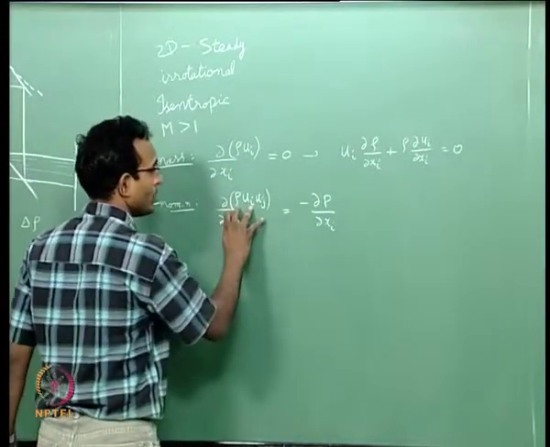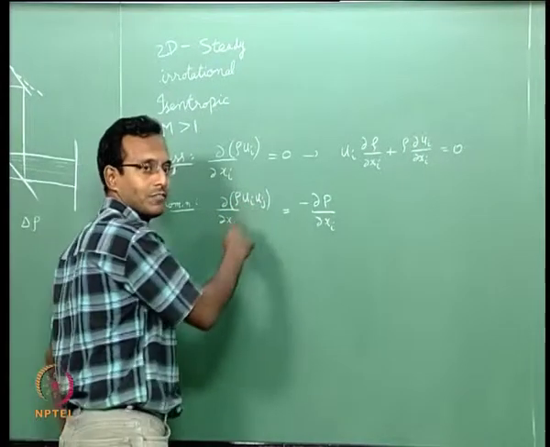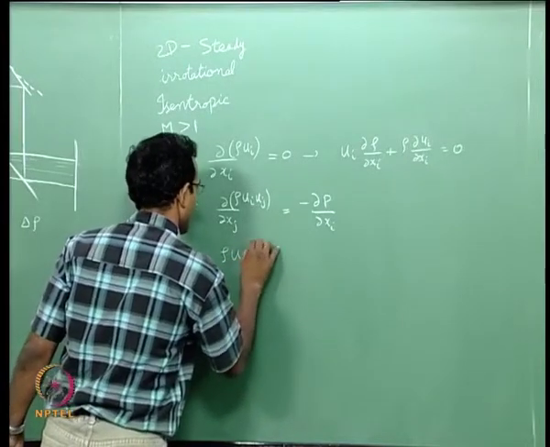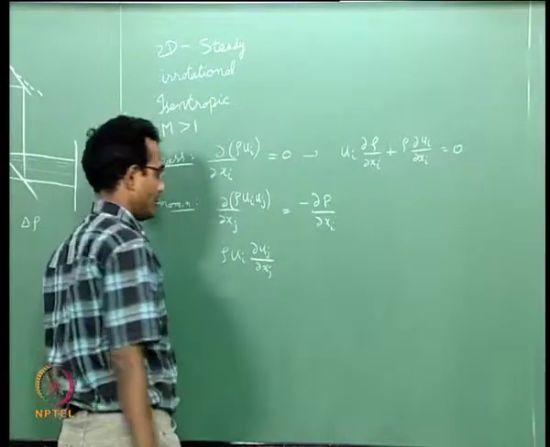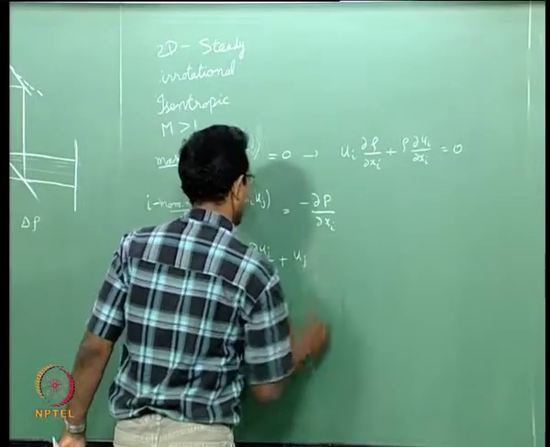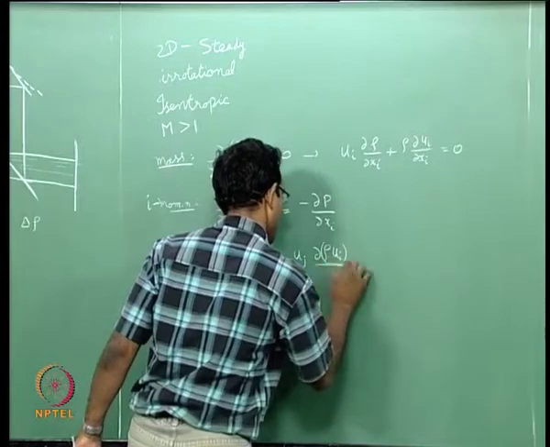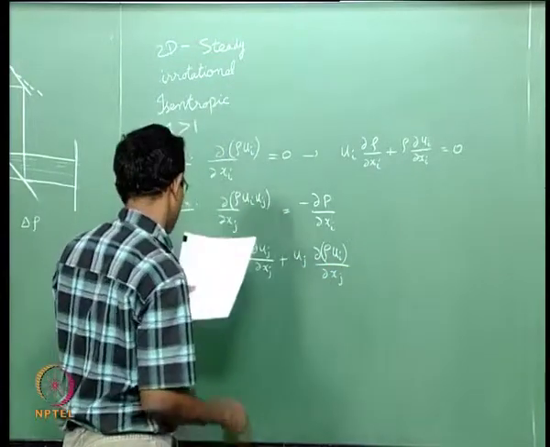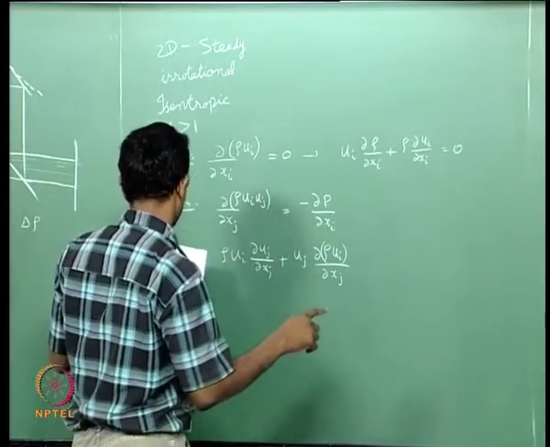So, I am going to keep this rho ui together, uj and multiplied by rho ui. I want to do differentiation by parts. If I do that, I will get rho ui ∂uj/∂xj, this one term I have, plus uj ∂(rho ui)/∂xj. Okay, this is the other term I have. Now, I think I made a mistake somewhere.